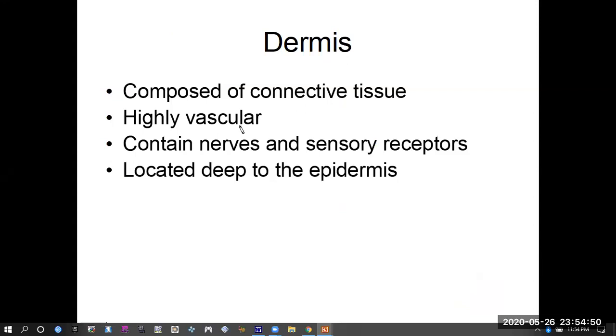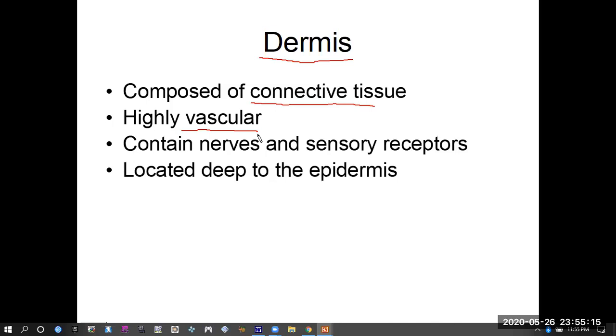So now moving deep to the epidermis, we have the second layer of the skin, the dermis. So now we have this being made of large amounts of connective tissue. So primarily connective tissues. We'll point out the specific types. We now have a blood supply in contrast to epithelial tissue, which is avascular.